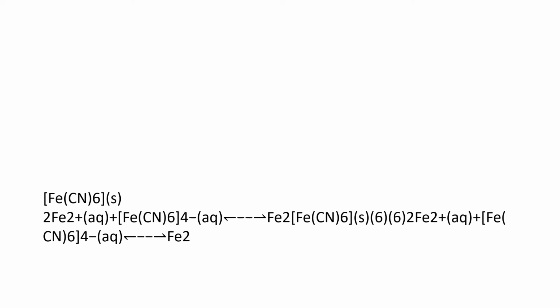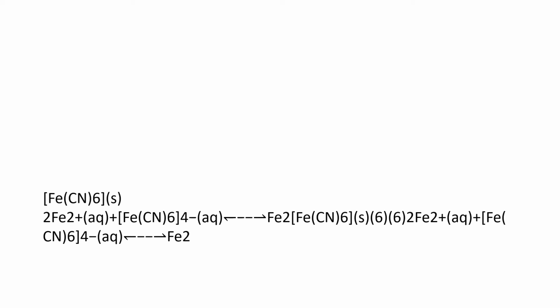The use of potassium ferricyanide as an indicator is based upon the fact that the ferrous ions from the ferrous salt react with ferricyanide ions forming a deep blue ferroferric cyanide complex.